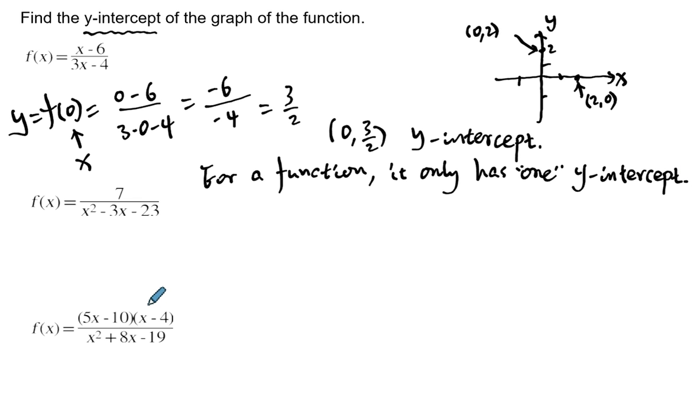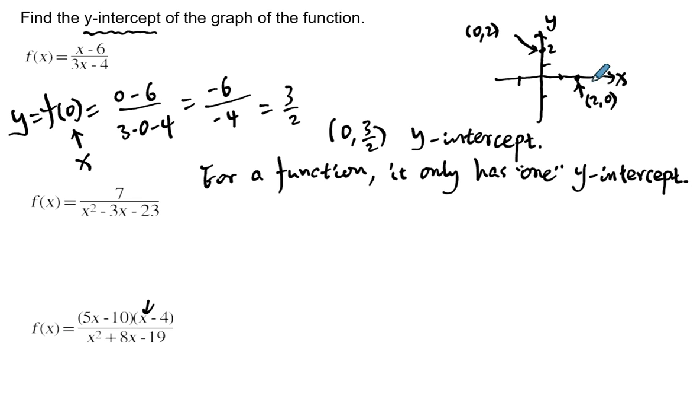For example, here, if you plug in 4, the numerator will be 4 minus 4 here. Whatever you get here, the product will be 0. So you plug 4 in here, you have f of x is 0. Then you get an x-intercept. Okay?